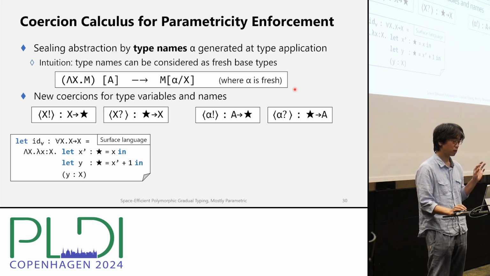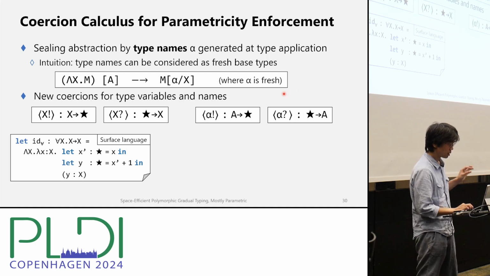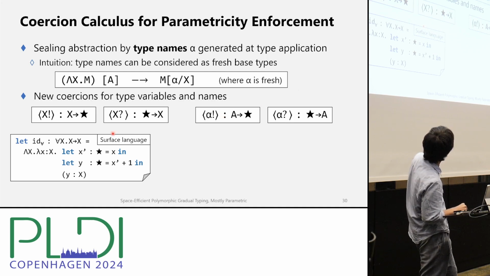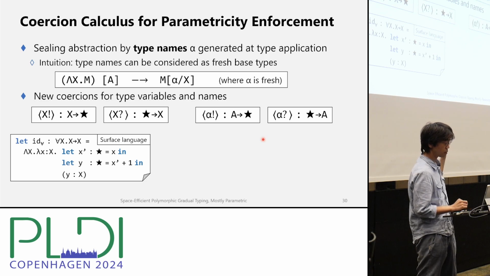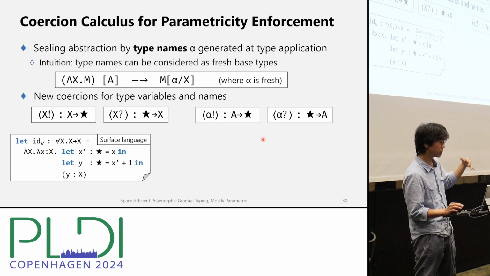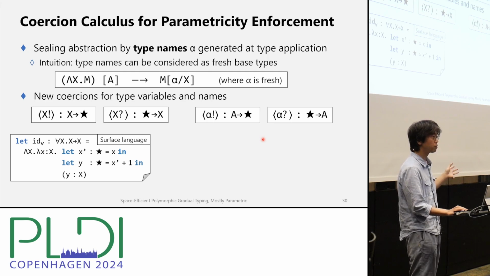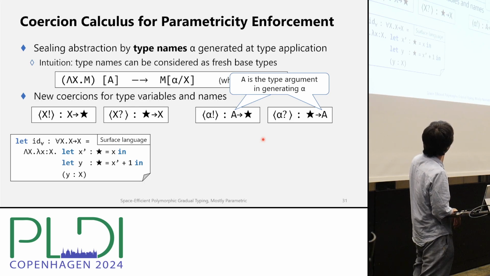And we also introduced four kinds of new coercions to allow the interaction with star. The first is for injection and projection for type variables, and the second two are injection and projection for type names. But the notable point here is that the types of coercions for type names are a bit non-standard.